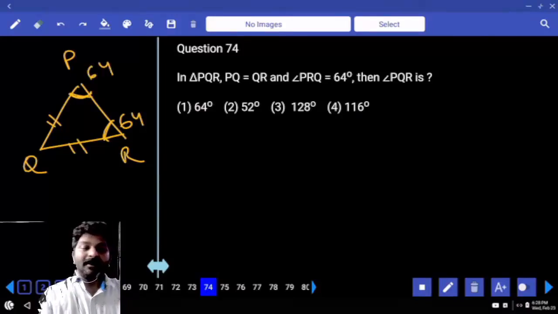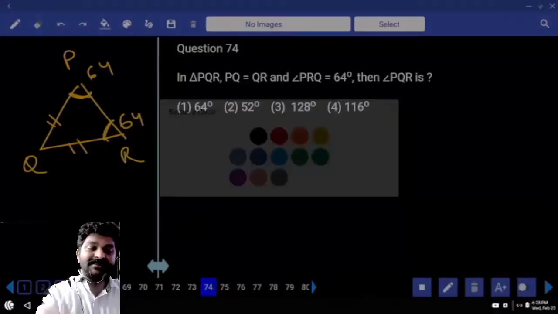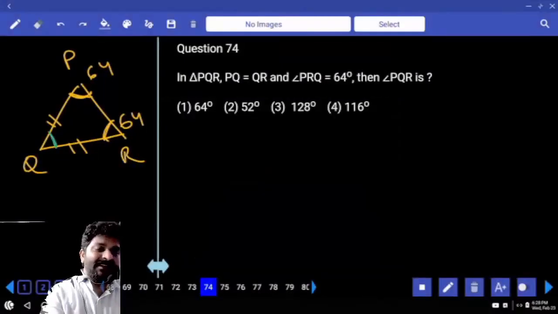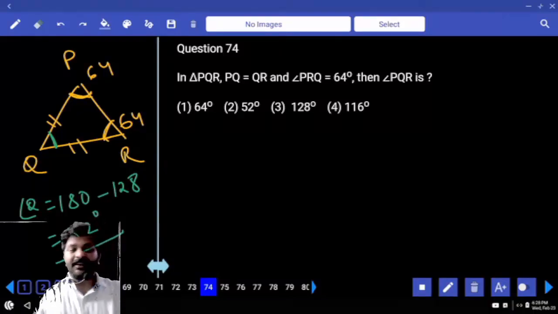Now we were asked to calculate angle PQR. The sum of internal angles is 180 degrees. Then angle at Q must be equal to 180 minus 128, that is equal to 52 degrees.